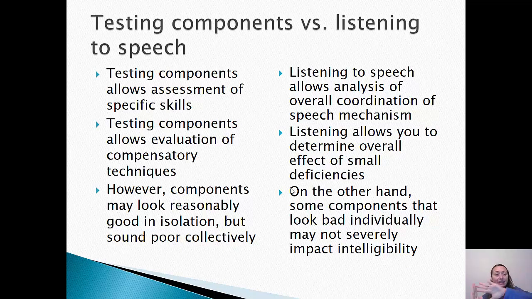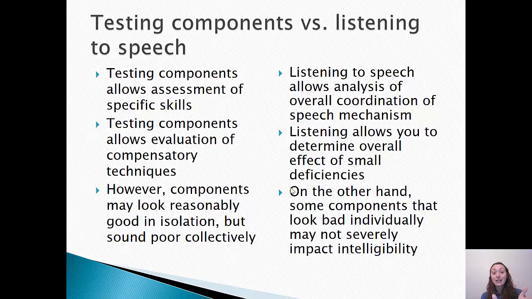That's an isolated task, like that left column. But we have to put all of that together perceptually, because that's how we're going to understand the severity of how dysarthria impacts that person's communication with others.